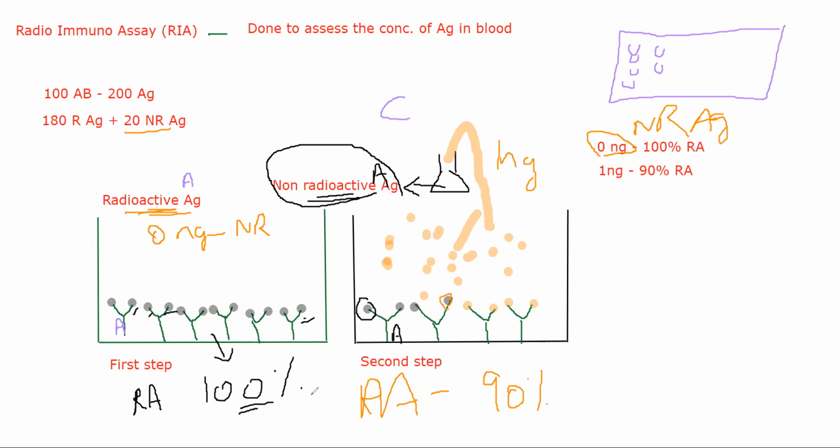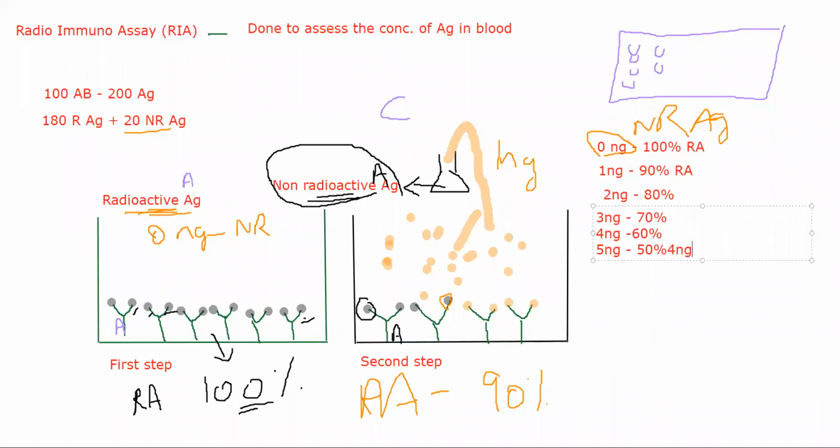Similarly, if I keep on continuing, for 2 nanograms I have 80%. For 3 nanograms I have 70%. For 4 nanograms I have 60%. For 5 nanograms I have 50%.